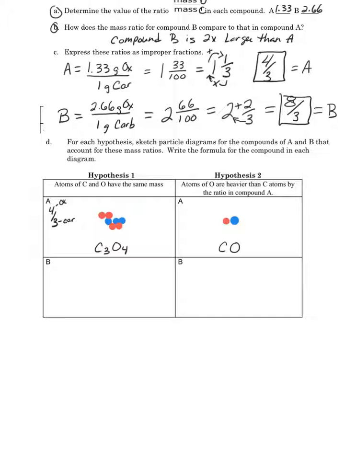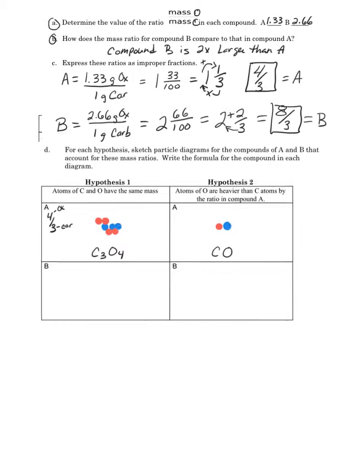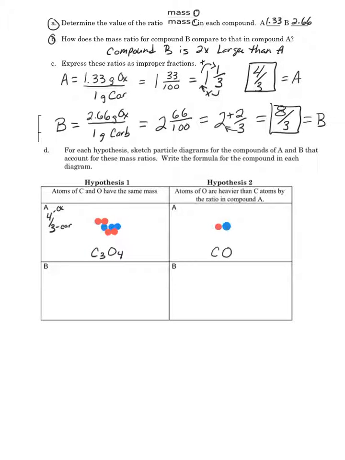Let's go ahead and look at hypothesis 1 for compound B. My improper fraction was 8 thirds, which meant I had 8 oxygen to 3 carbon. So my formula would be C3O8.